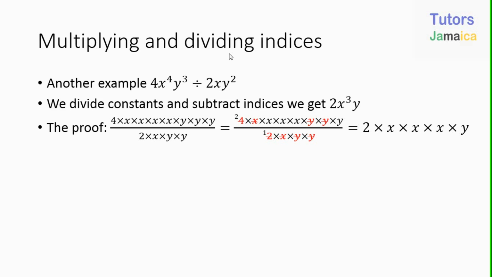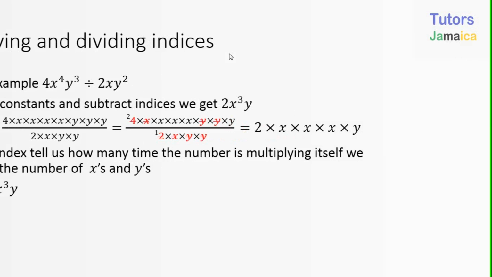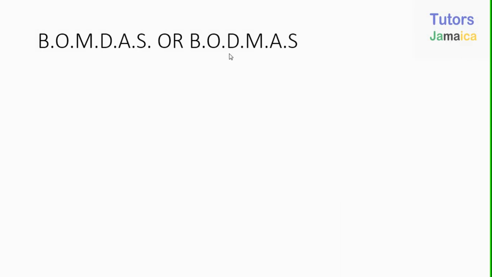So what are we left with? 2 times x times x times x times y. Since the index tells us how many times the number is multiplying itself, we can count off the x's and y's, and we get 2x cubed y.